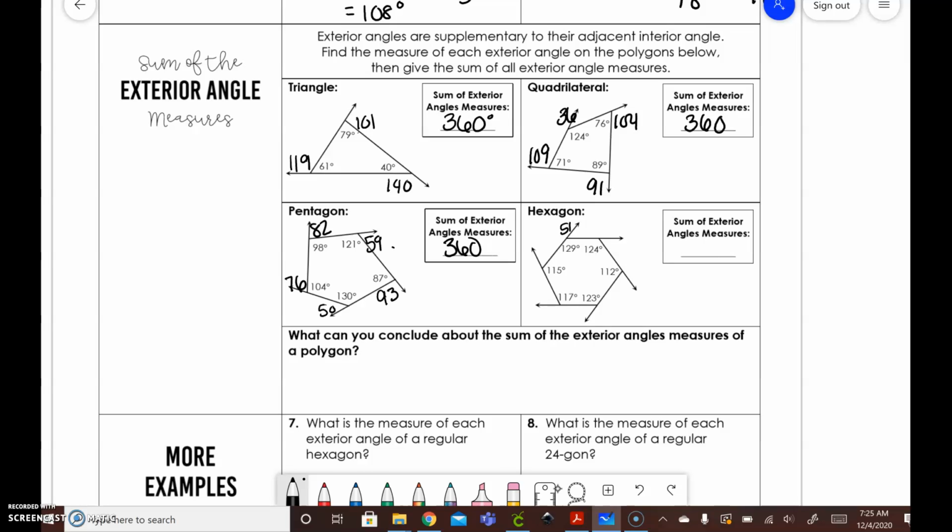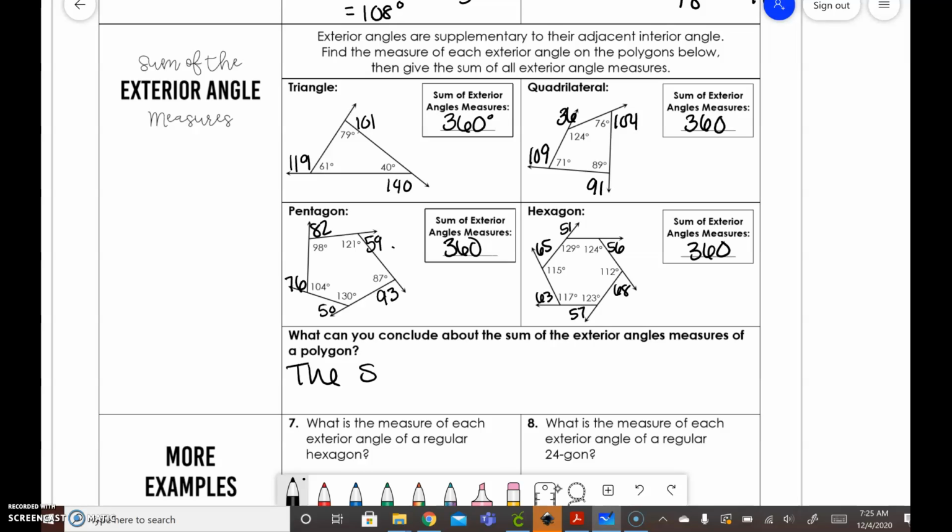We have 51, 56, 68, 57, 63, and 65. Add these all up and we get 360 again. All right, so this is not a coincidence. So we can conclude that the sum of the exterior measures of any single polygon is going to be 360.